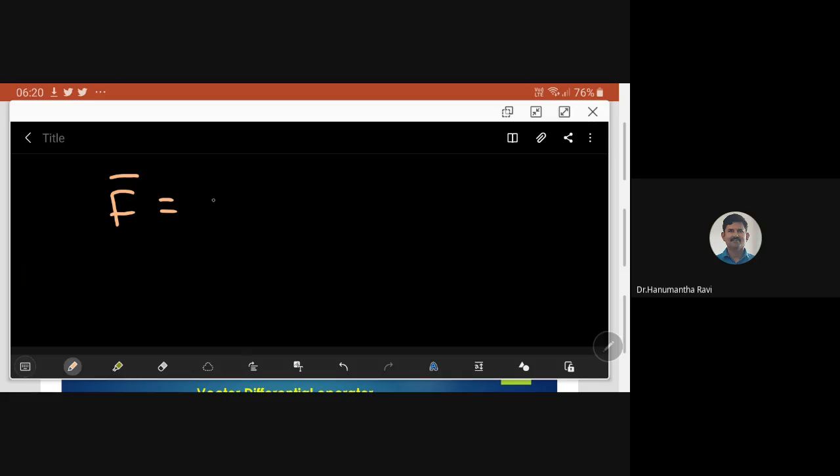In such a case, you have F bar, where P, Q, R are real valued functions of x, y, z.